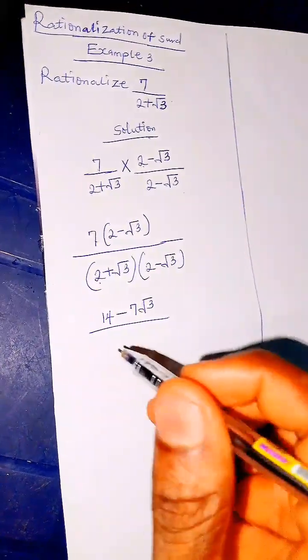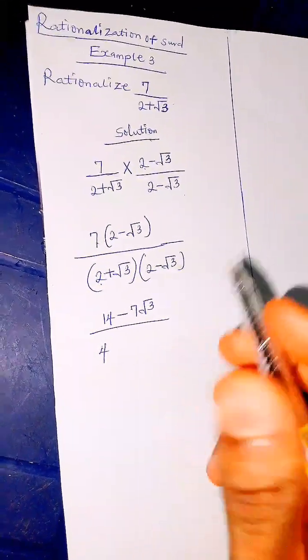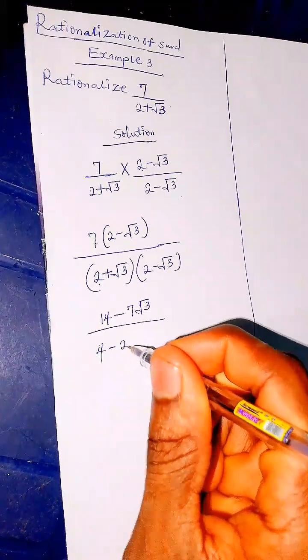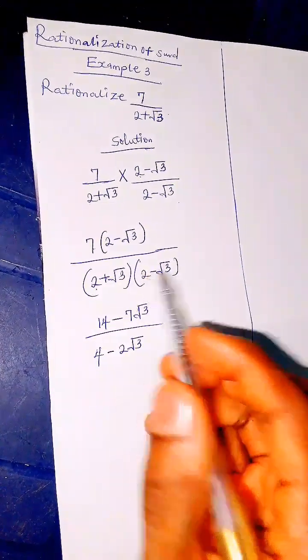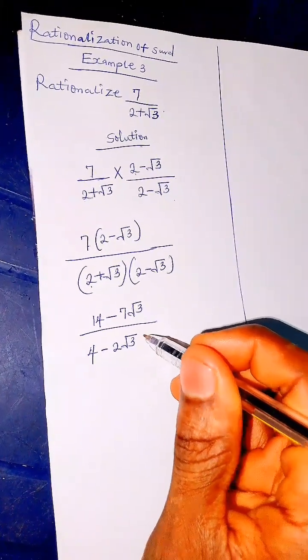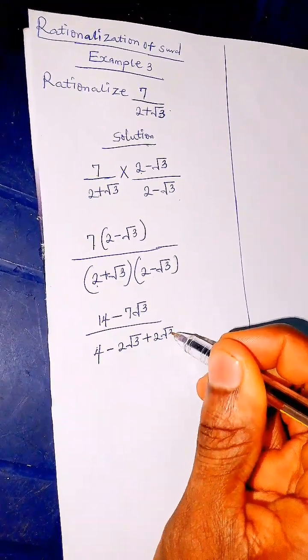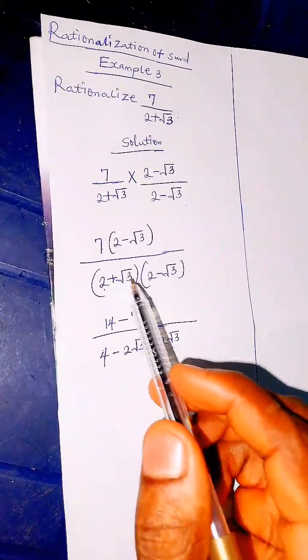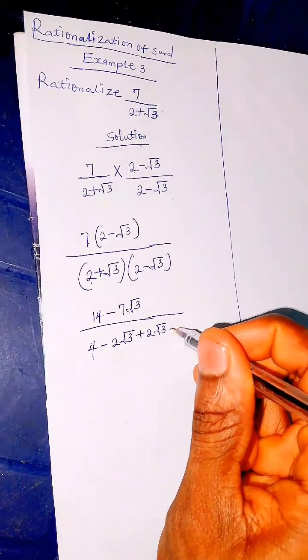2 times 2 is what? 4. 2 times minus root 3 is minus 2 root 3. Plus root 3 times 2 is what? Plus 2 root 3. Plus times minus is what?